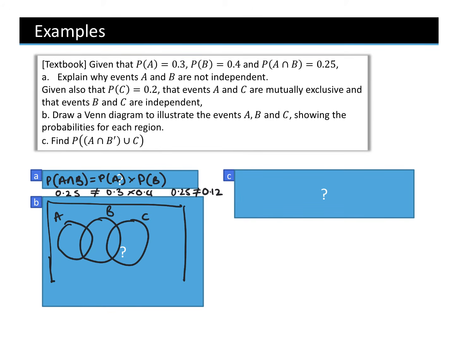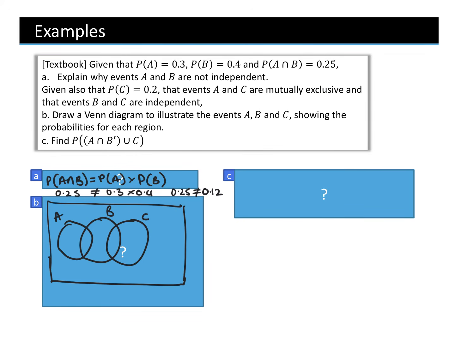Okay, so here's my Venn diagram. Step 1, draw your circles like this. Please make sure your circles look better than mine. Okay, that's our first step. So here we go. It has already told us that the intersection of A and B, which we know is this bit, is 0.25.